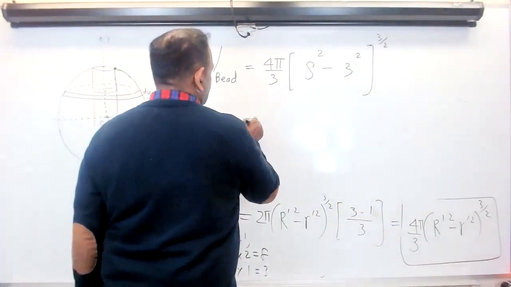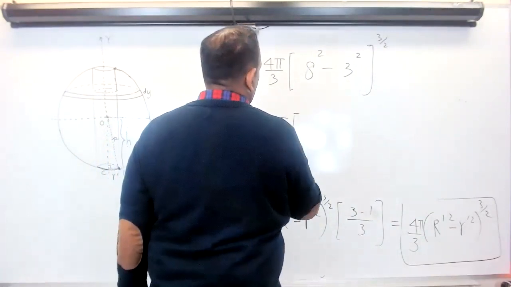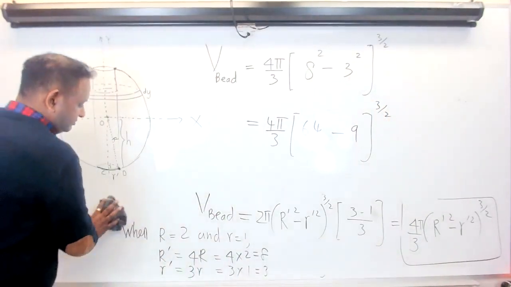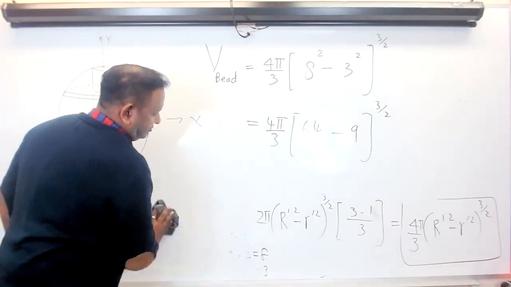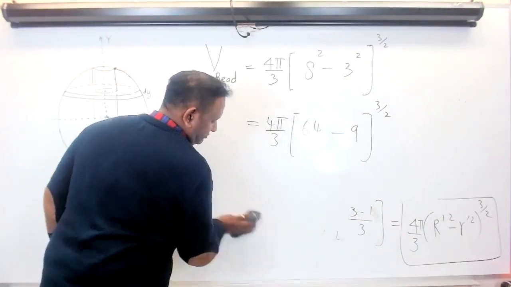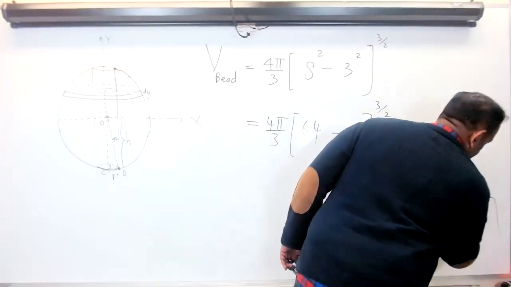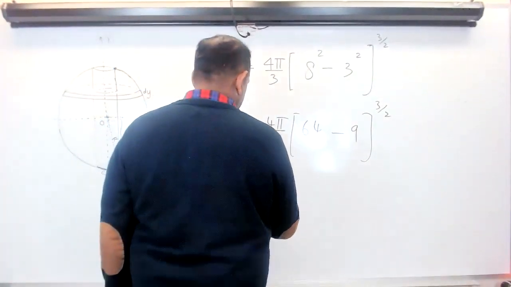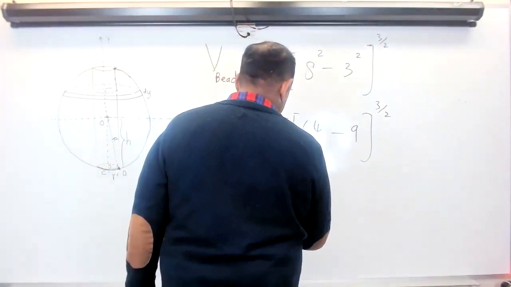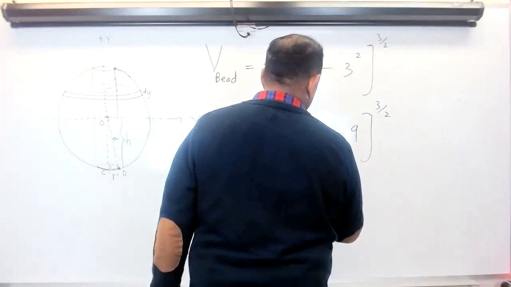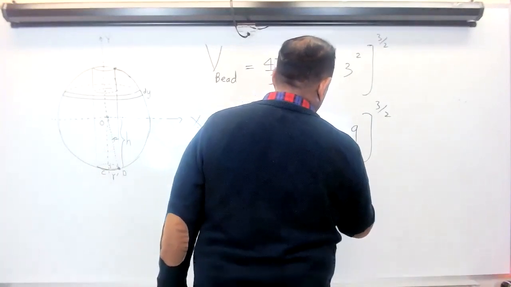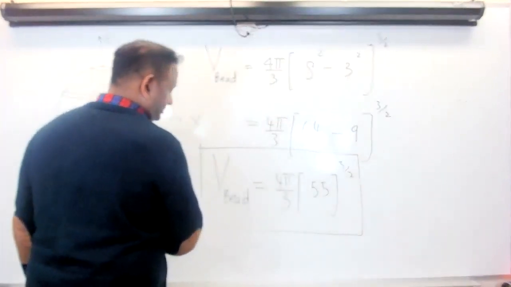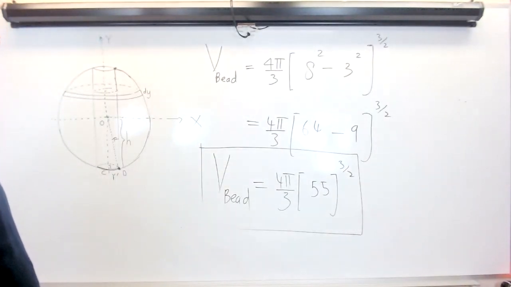This one, 4 pi over 3, 64 minus 9, 3/2. Therefore, the final answer should be 4 pi over 3, 55 to the power of 3/2, times 4 pi over 3. See?